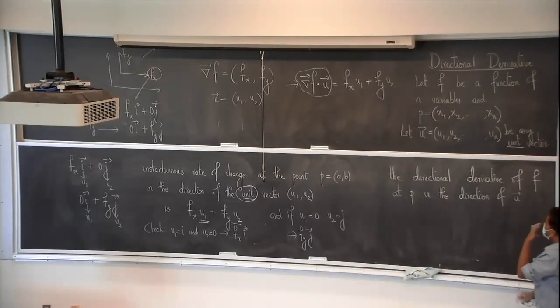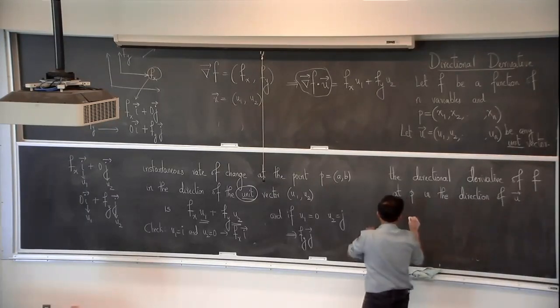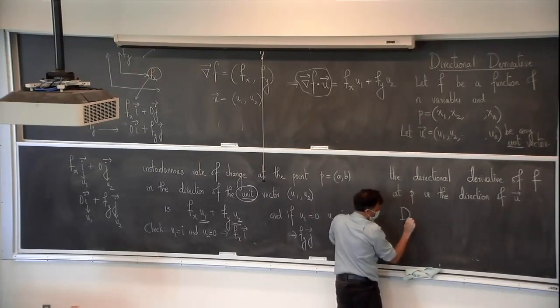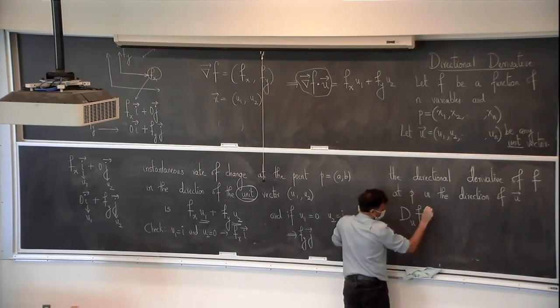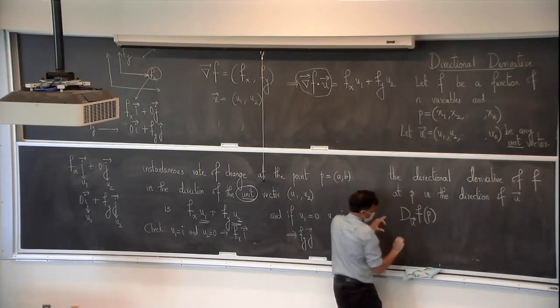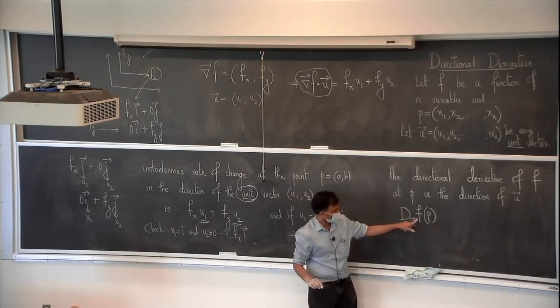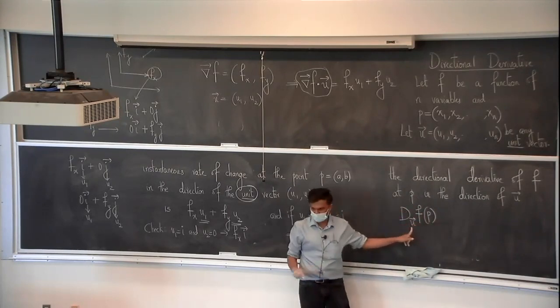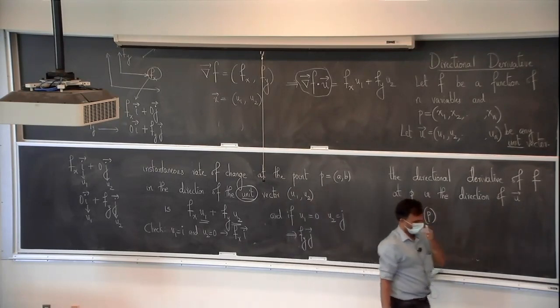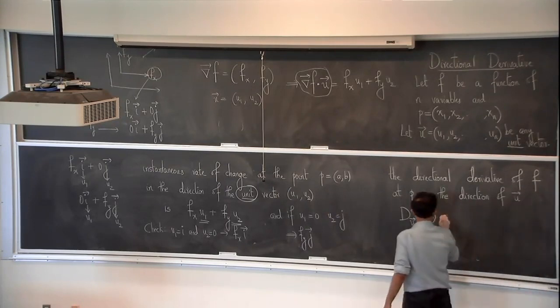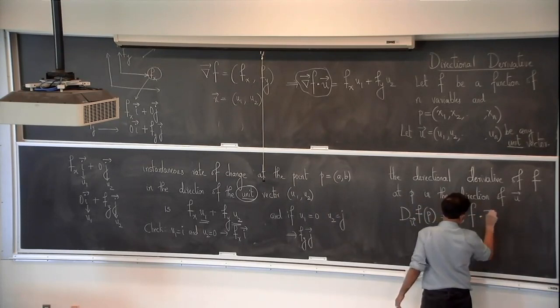In calculus 1, you just need a function. Now we need a whole bunch of things. It's a very bulky notation. Capital D for the directional derivative of the function f at the point P in the direction of U. So it's an all-inclusive notation, and it is equal to the dot product of the gradient of f with U.